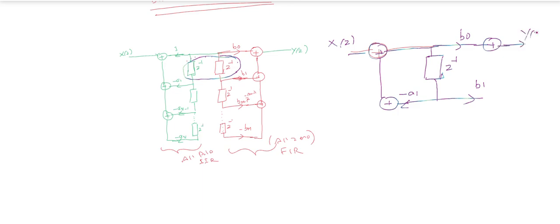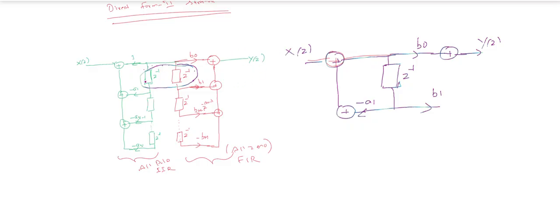These two delay elements are combined together. Again these two will be combined together, and again these two, so another delay element Z minus 1, because this is Z minus 2.